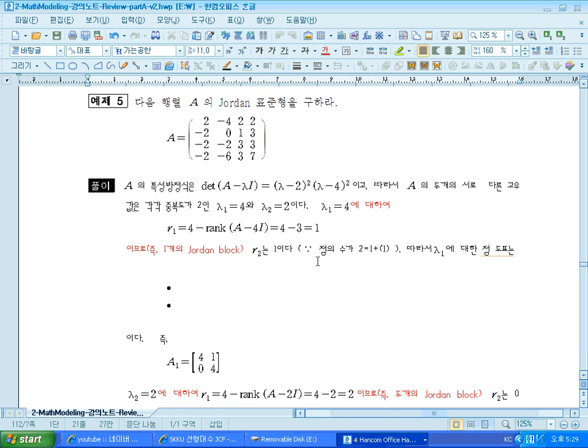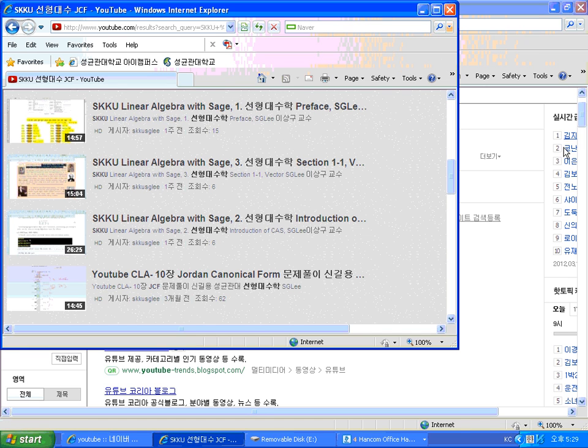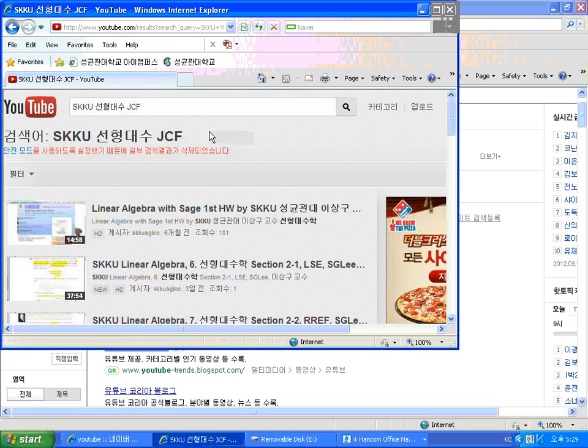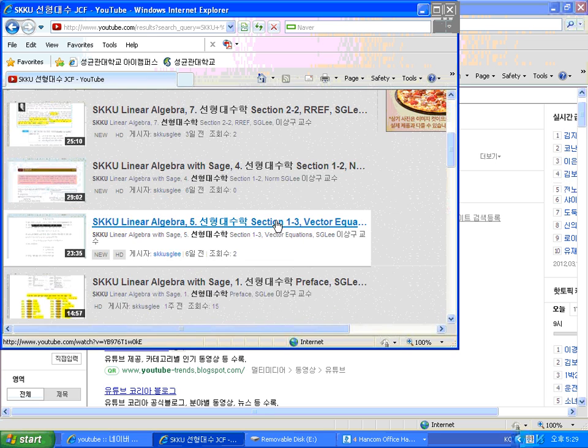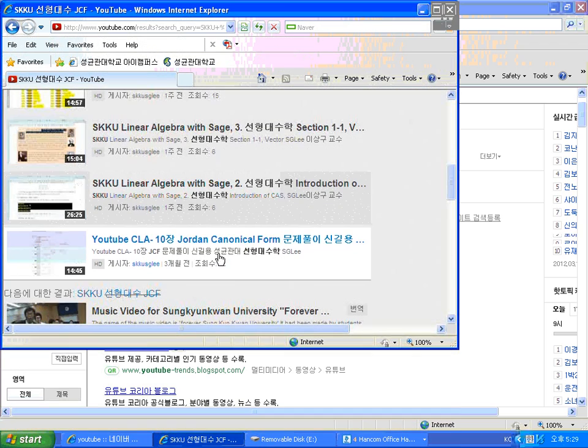All this process was explained in detail, with all the problems, in my elementary linear algebra book. If you go to YouTube and search for the Jordan canonical form, Sungkyunkwan University linear algebra, you will be able to find chapter 10, Jordan canonical form problem solving.